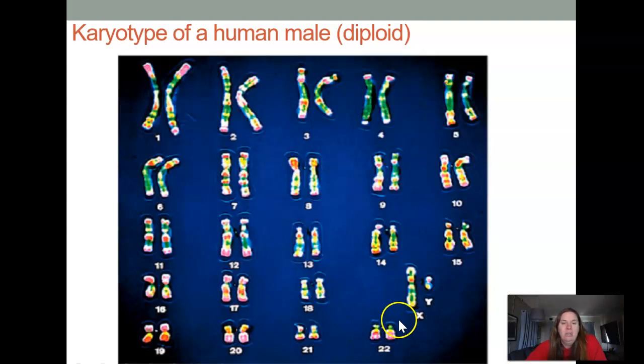Remember that the autosomal chromosomes are basically our non-sex chromosomes. And you know that this is a male offspring, one, because it says so in the title, but also because we see the X and Y chromosome for our sex chromosomes. We always get that X chromosome from mom, and in this case, the dad, the sperm, donated a Y chromosome. So this offspring will be male.